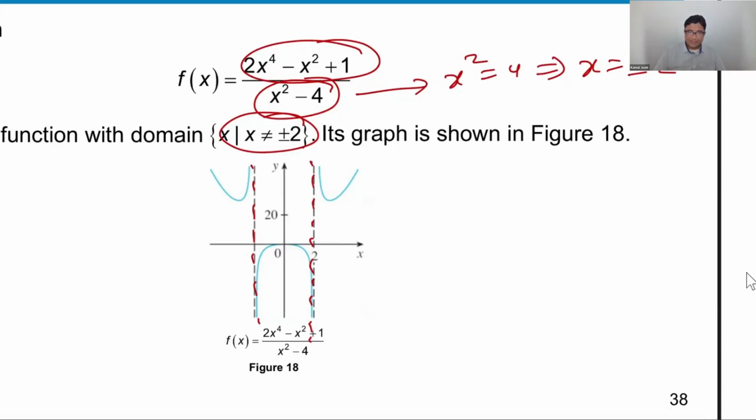One thing. And then the second thing you have to observe here is these turnings, where there is this quadratic, the parabolic thing going on both sides, which makes sense because the numerator is degree 4, denominator is degree 2.